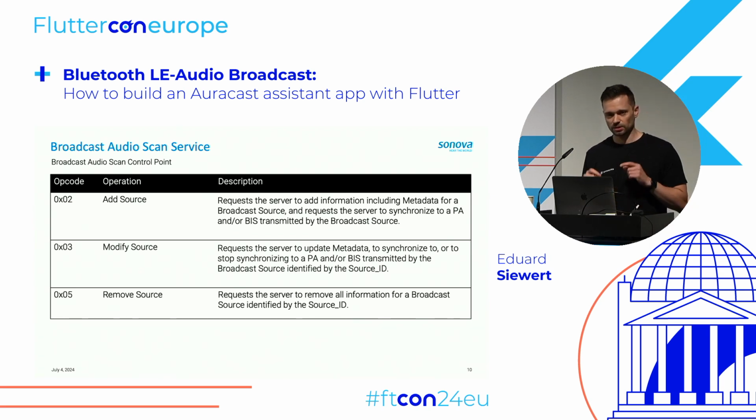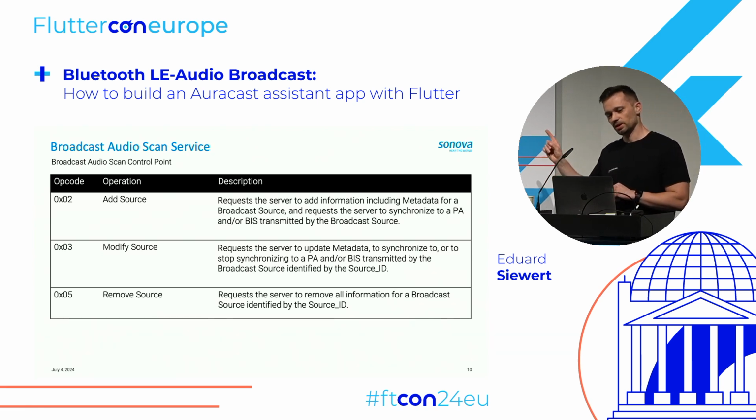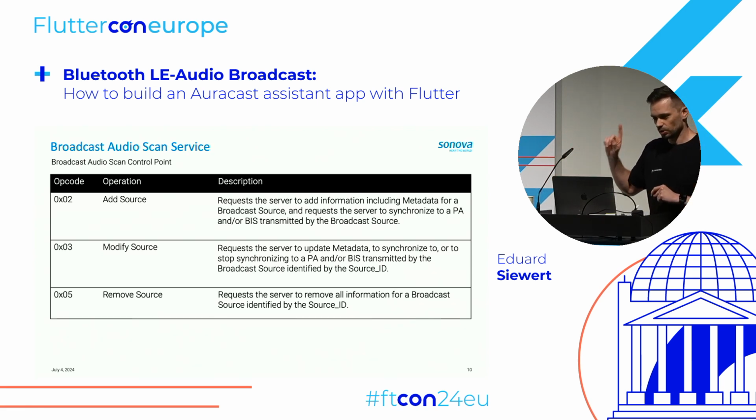This characteristic is writable, so you can actually write operations to it. And one operation that is of interest for us here is the add source operation. If I just quickly read the description here, it says, requests the server to add information, including metadata for a broadcast source, and requests the server to synchronize to a periodic advertisement and/or broadcast asynchronous stream transmitted by the broadcast source. Nice, so this is exactly what we are looking for.